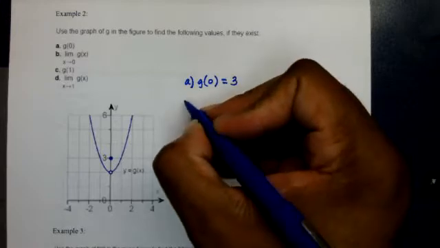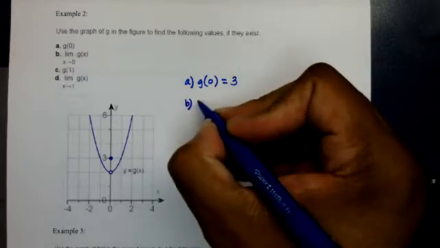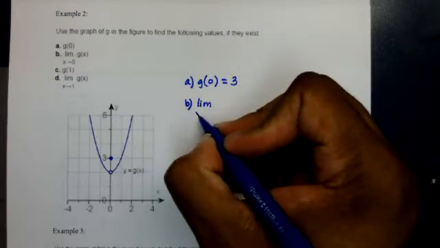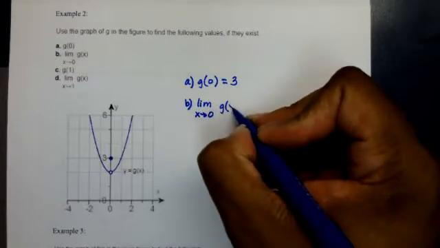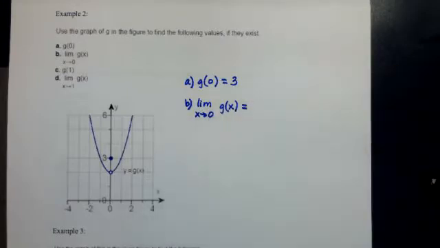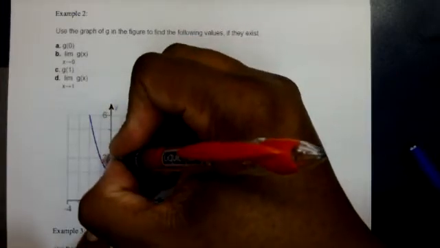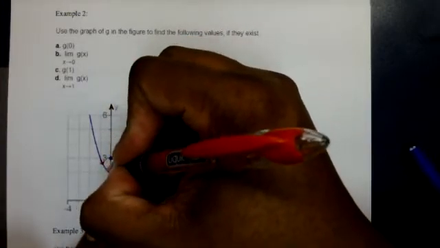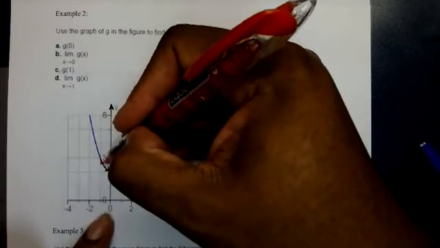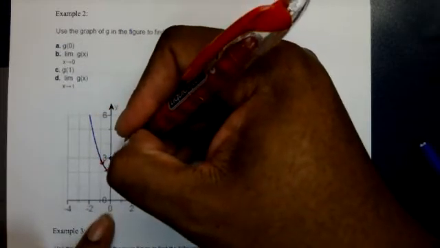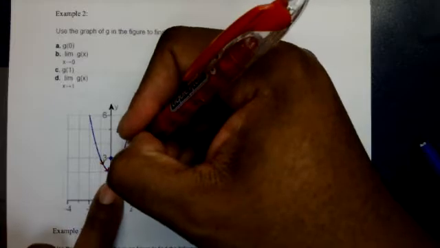Now part B is the limit as x approaches 0 of the function g of x. In this case, here's 0. If we come from the left of 0, the value will be getting closer and closer to this number right here.